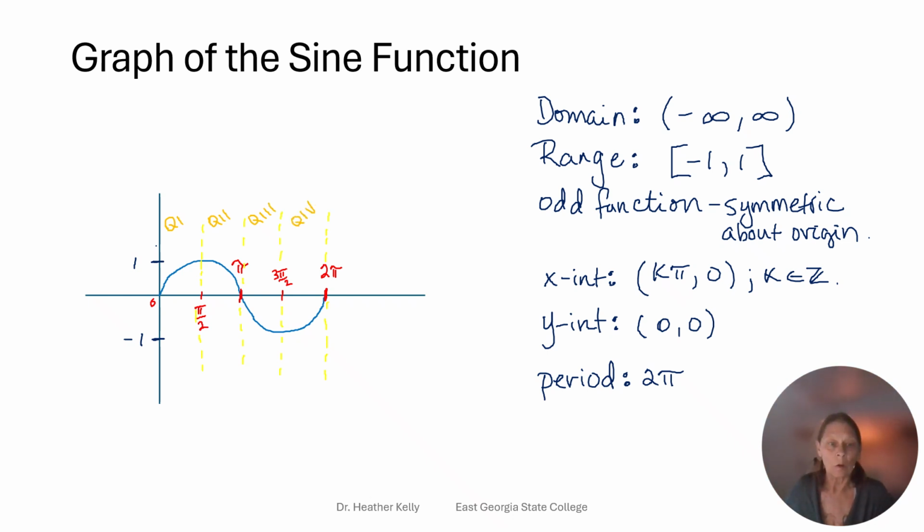Now, let's connect this to something that we've already been studying, which is this All Students Take Calculus thing. Now remember what this little tool reminds us of. It reminds us of where the functions are positive.